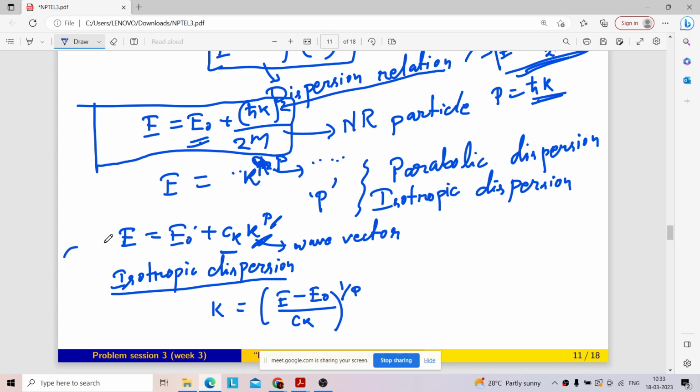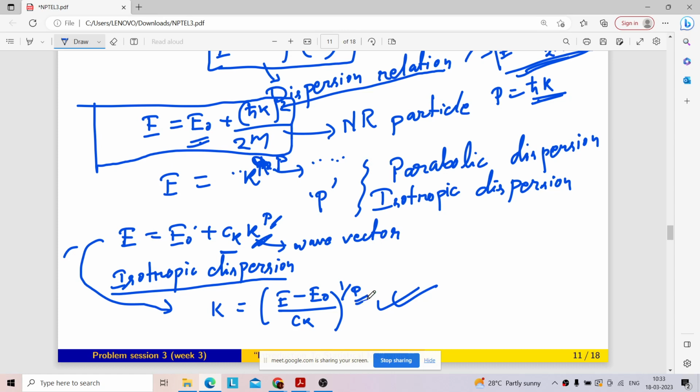This is derived from this equation, just by substituting. This is general for isotropic or parabolic.